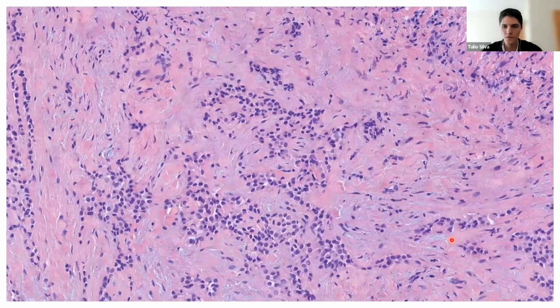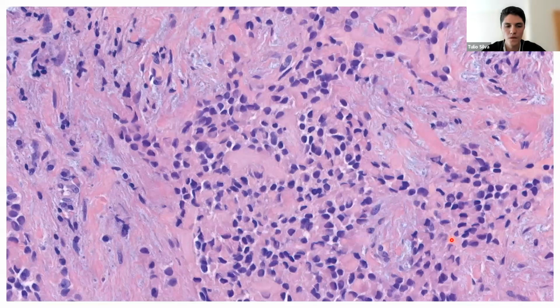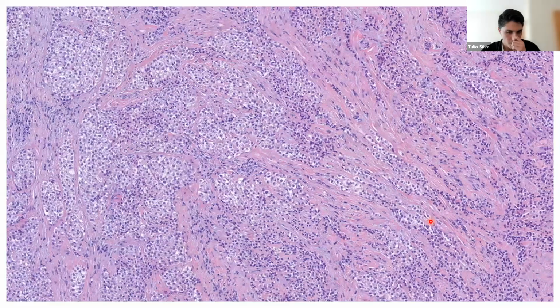At higher magnification, in this area, the cells are arranged in cords with the presence of loose cells. The tumoral cells show eccentric hyperchromatic nuclei with scant eosinophilic cytoplasm. If we move around the tumor, the cell population changes, and the tumoral cells in this area look bigger with epithelial appearance, arranged in nests and strands.